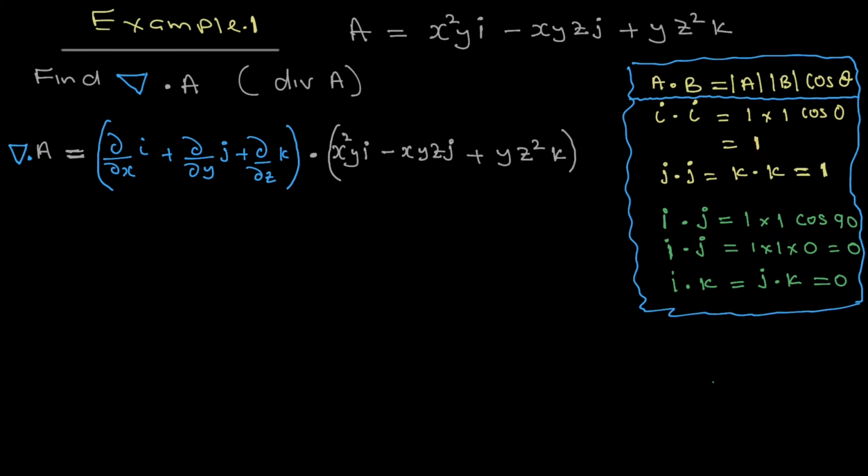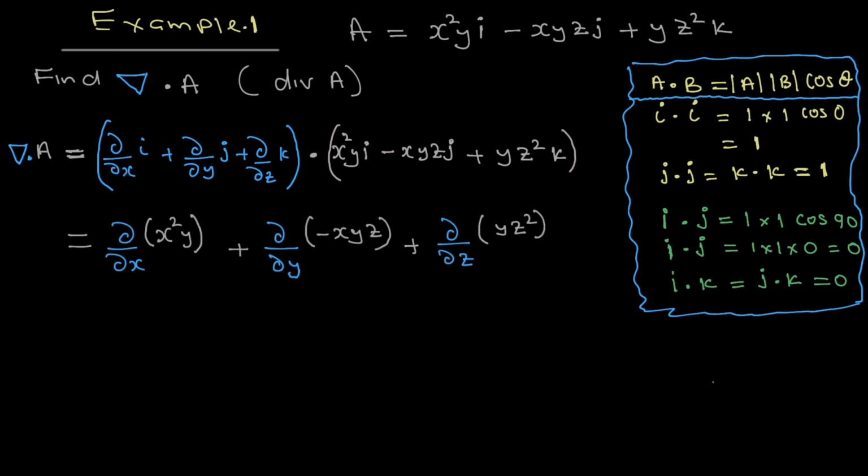So that stays, which means we can then multiply that with that, and that with that, and this one with k. So we multiply the respective coefficients. So that meant that we're going to multiply the partial derivative with respect to x by x squared y, so we get x squared y.